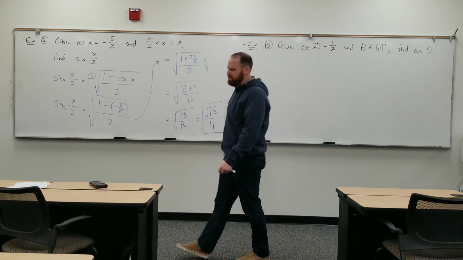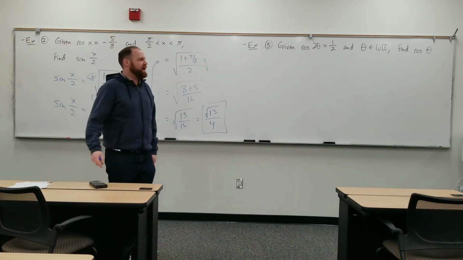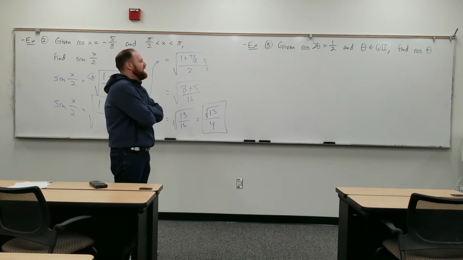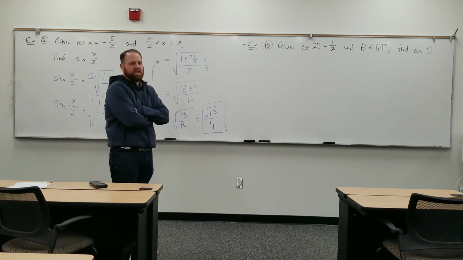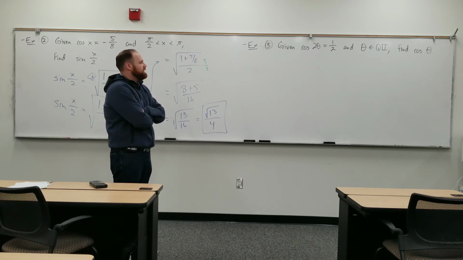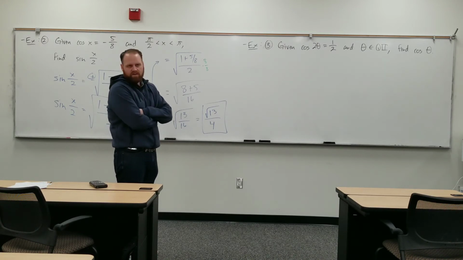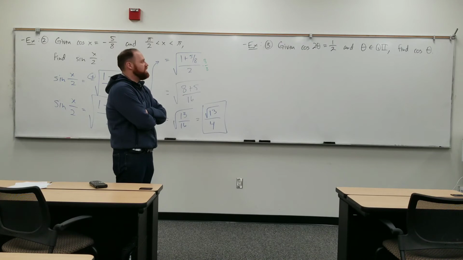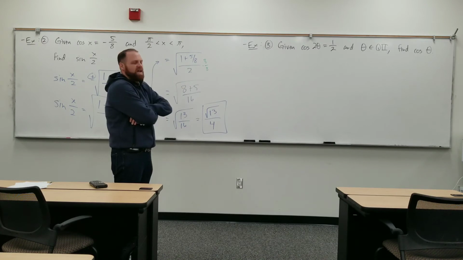Honestly, this is one that I would probably not opt to use a half angle identity on. I feel more inclined to use a double angle identity, because I could say cosine 2 theta is 2 cosine squared theta minus 1, and then solve for cosine theta from there. But let's try a half angle identity and see where it leads us.